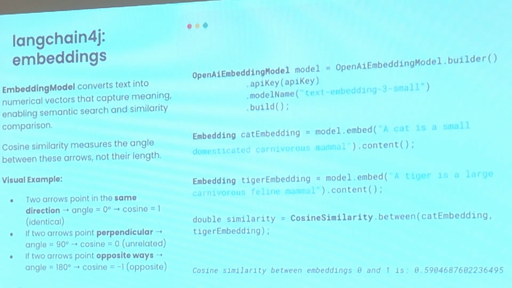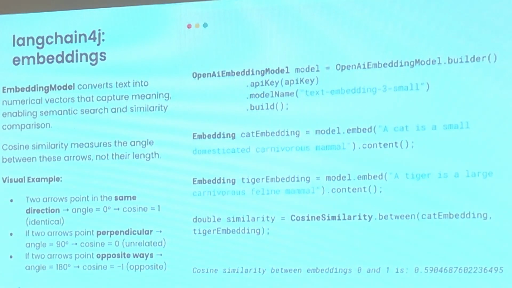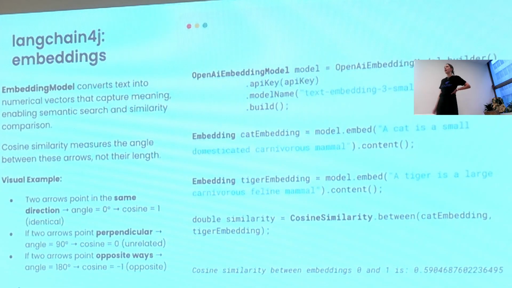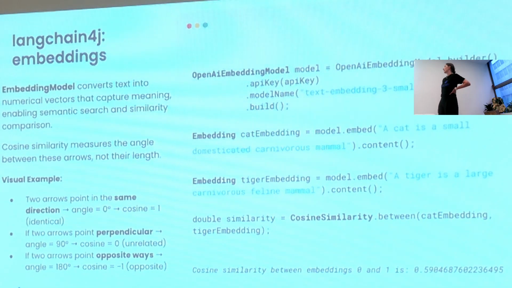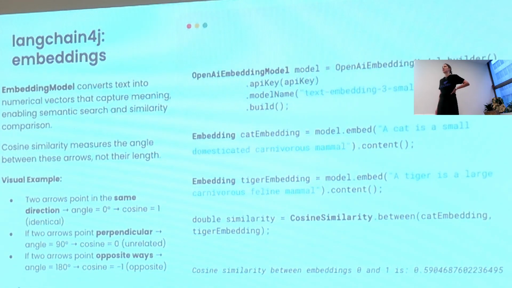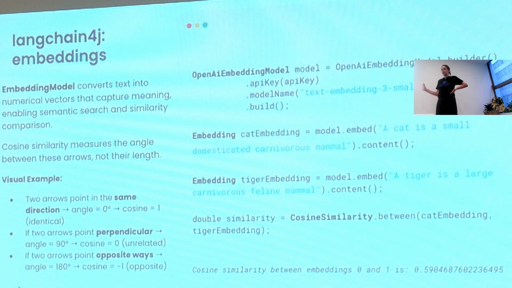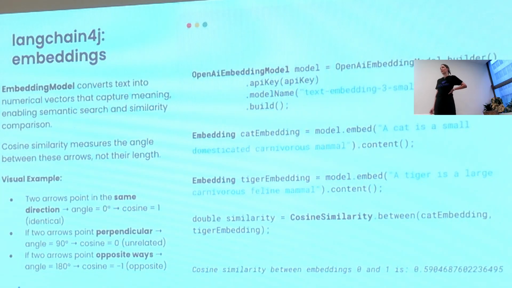They can be formulated differently, but the meaning will be very similar. Here, the cosine similarity is 0.59. So they are not that related, which is probably true. We are talking about a cat and a tiger, they are similar, but not that similar. This concept will be used in one of the approaches for testing the replies from the models.